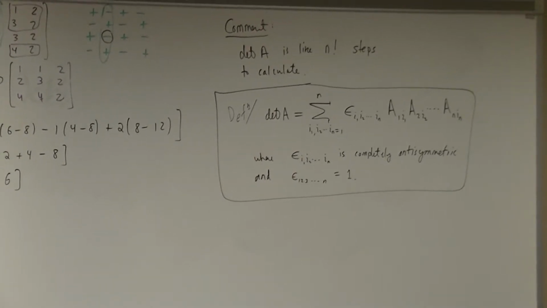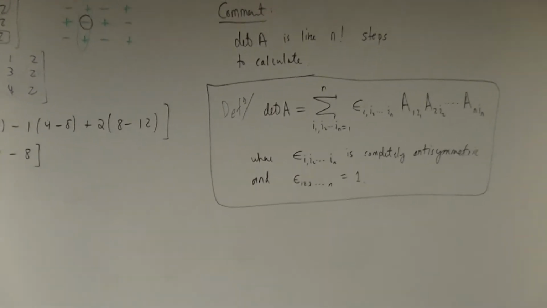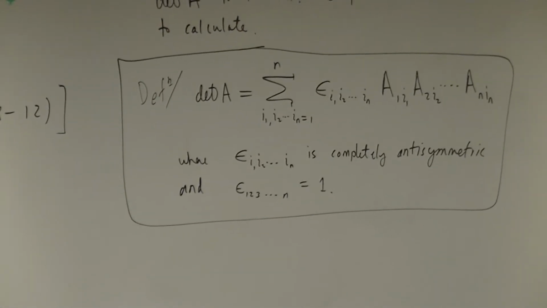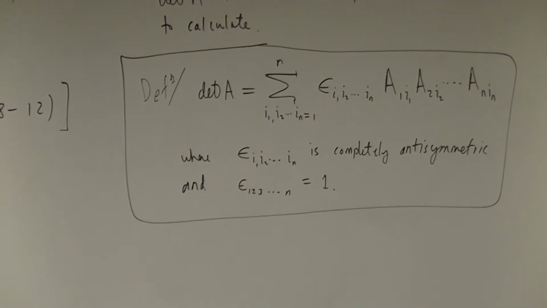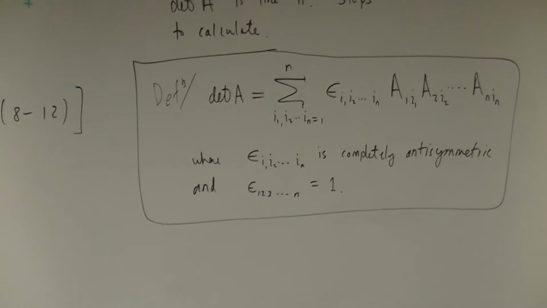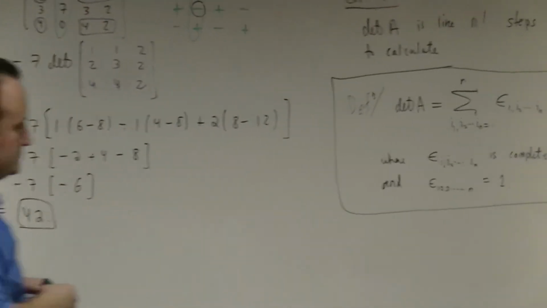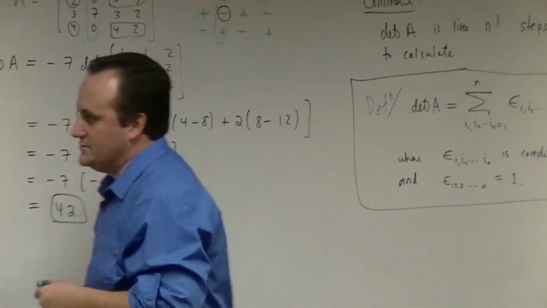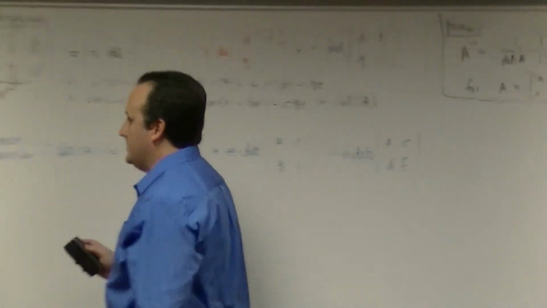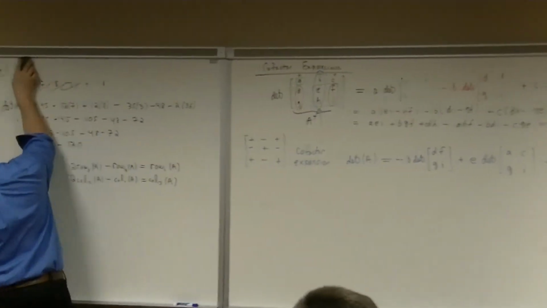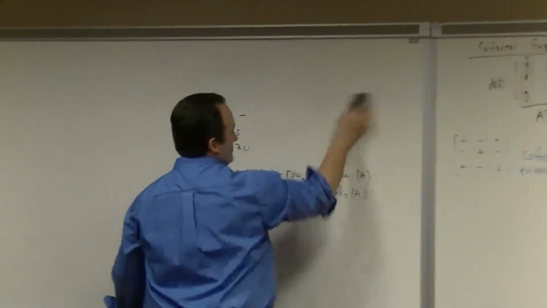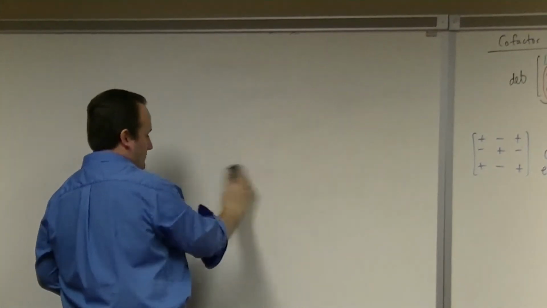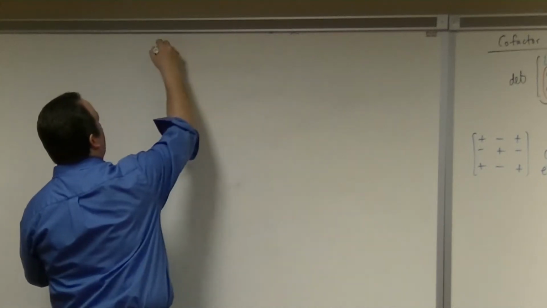So what I'm saying is you basically add over this antisymmetrized combination of columns. Here, I'll show you how that works in the 3 by 3 case.